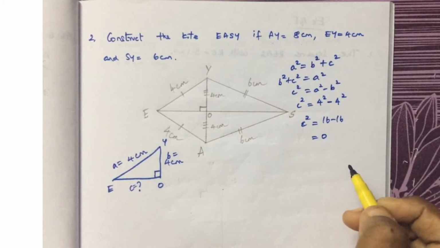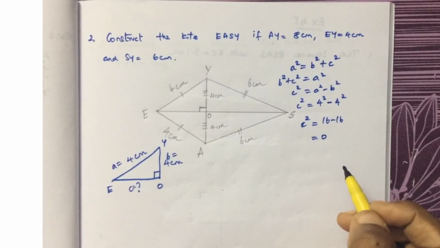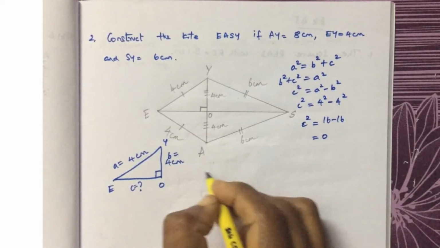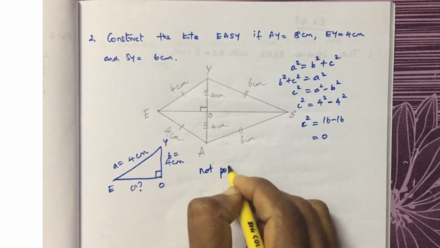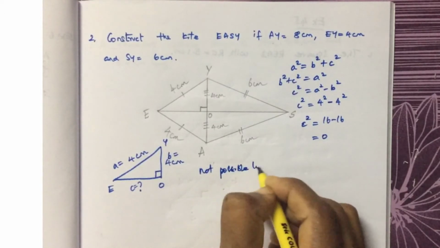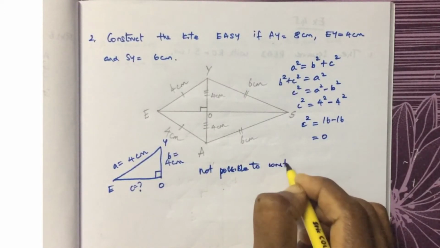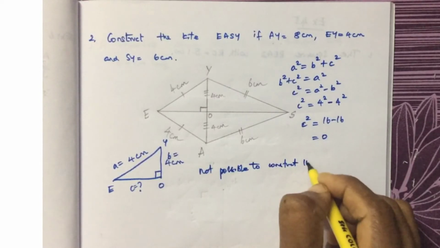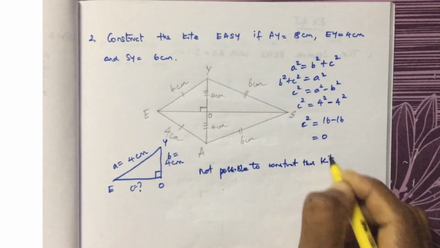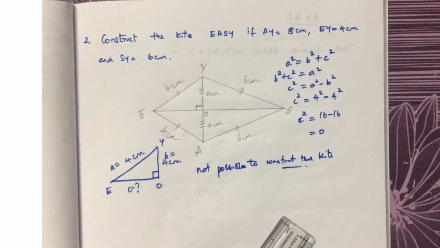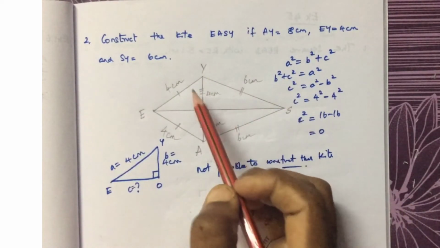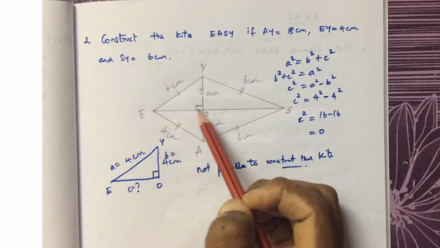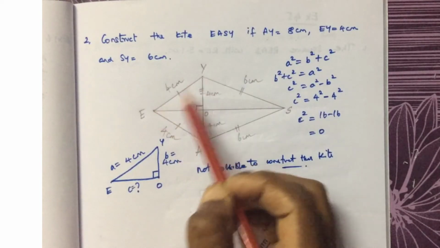So what does it say? It is not possible to construct this kite. See, how to check this without this calculation: if you take this triangle alone, this is the hypotenuse.